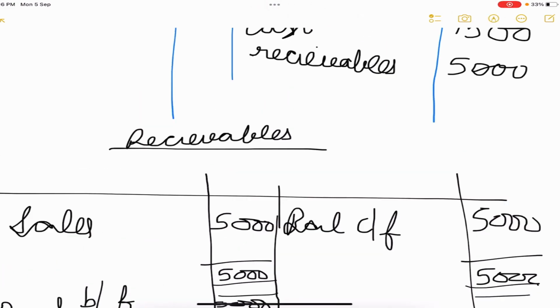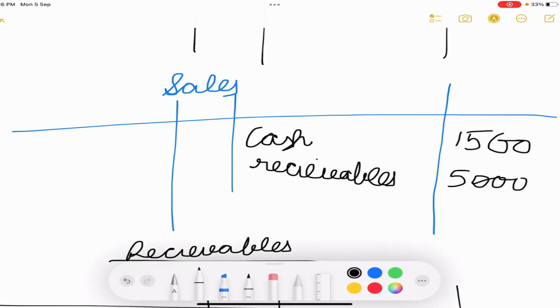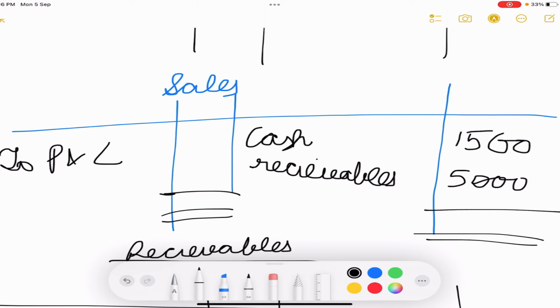Okay, and sales is again involved with what? With the operating activities. So the balancing is to be done to the P&L account. 6500, 6500. So to P&L, this is not balance CF, this is P and L. Why?